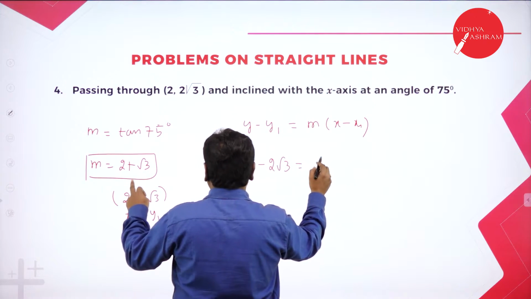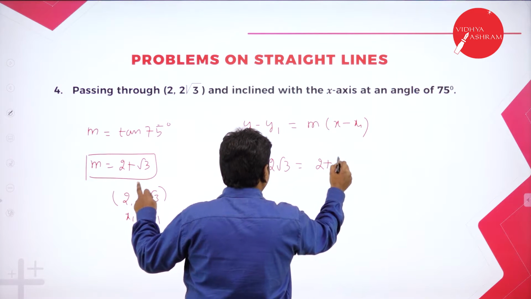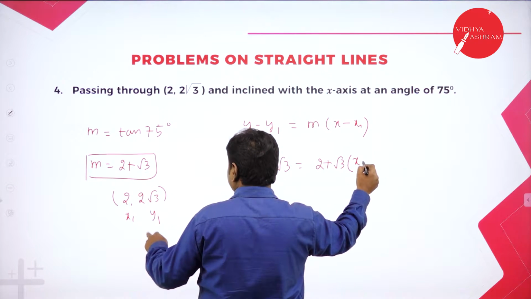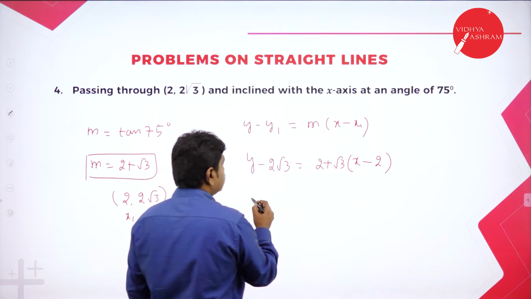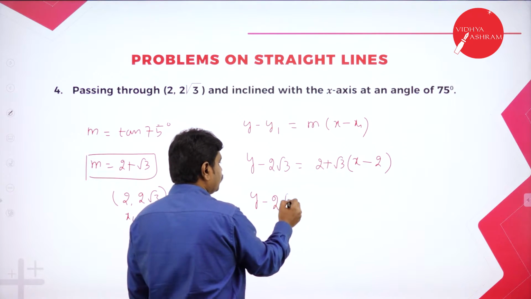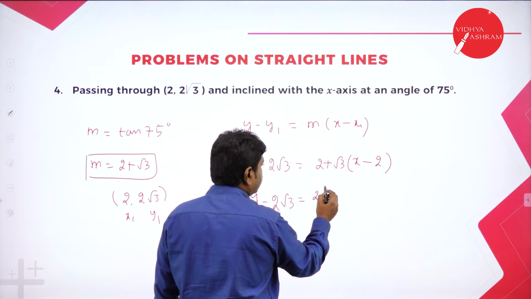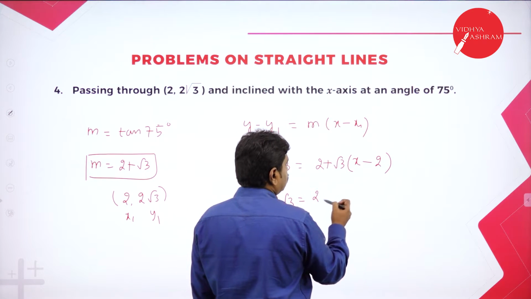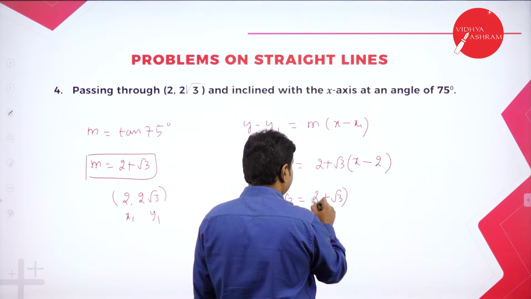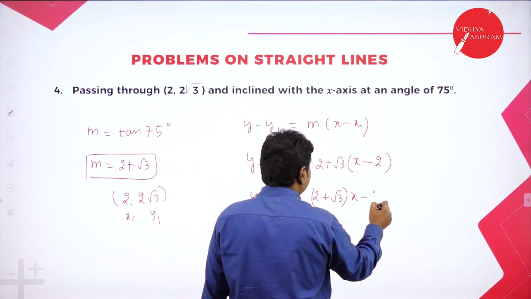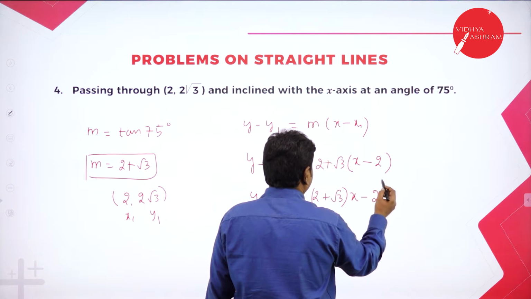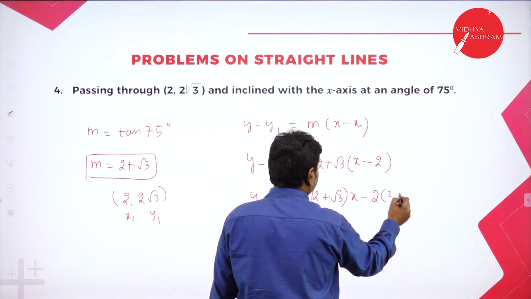M, what is m? 2 plus root 3 into x minus x1. What is x1? 2. Simplify this. Y minus 2 root 3 is equal to 2 plus root 3 into x minus 2 into 2 plus root 3, or you can leave it here.